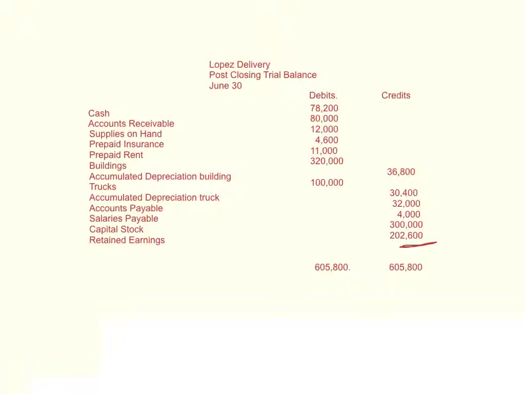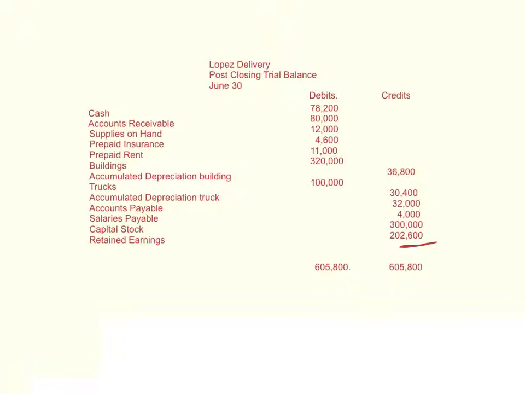So we begin July 1st with retained earnings of $202,600, and any revenue then will increase retained earnings. Any expenses paid in July will decrease it, and any dividends will decrease it. And we'll keep a record on each one of those types of transactions and then adjust the retained earnings at the end of the next accounting period.